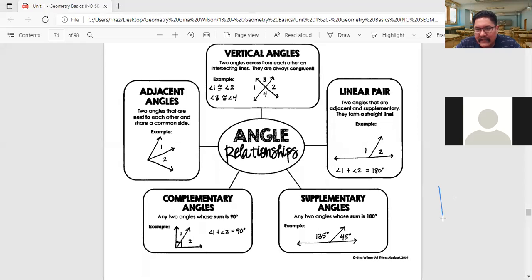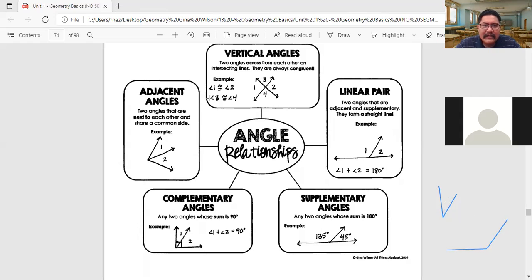If I had an angle like that, and then another one something like this, it's probably not going to be perfect. But you can imagine that if we took this piece and turned it to fit into this lower piece, it would make a straight angle, 180 degrees. But I have to move it so they're not adjacent. So supplementary angles do not have to be adjacent.